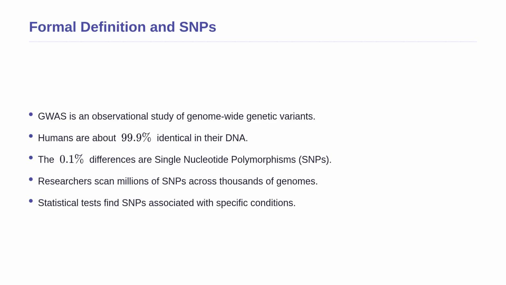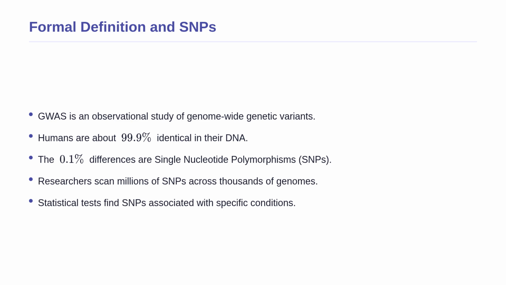Building on our library analogy, let us look at the formal biological definition. Formally, a genome-wide association study is an observational study of genetic variants across different individuals. The human genome contains billions of DNA letters, but as humans, we are about 99.9% identical to each other. The tiny 0.1% differences are mostly single letter changes in our DNA code, called single nucleotide polymorphisms, pronounced as SNPs.